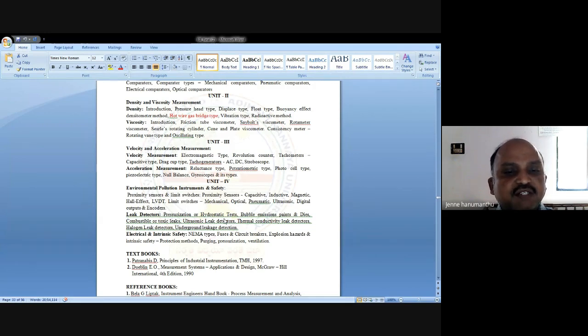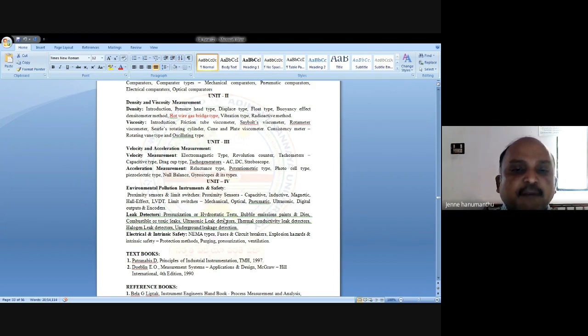That's called hydrostatic check. Hydrostatic means here we have to send some water to the pipe. After applying water, we have to apply some air, so that we can observe whether a leak is available or not.